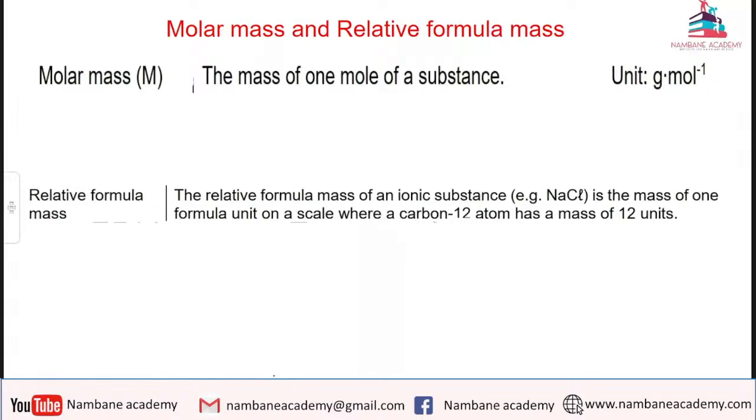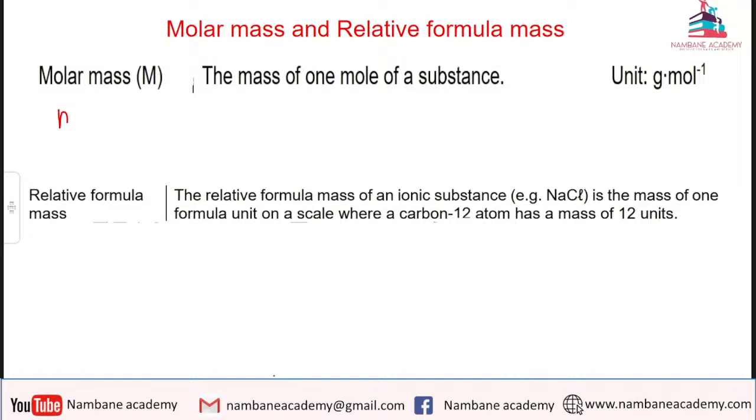The molar mass is defined as the mass of 1 mole of a substance. So the molar mass of sodium chloride will be, from the periodic table, 23 plus the 35,5.